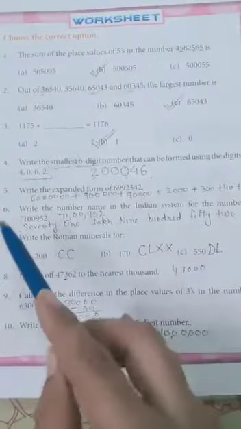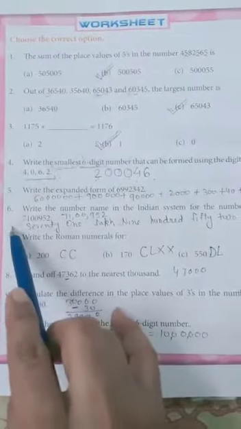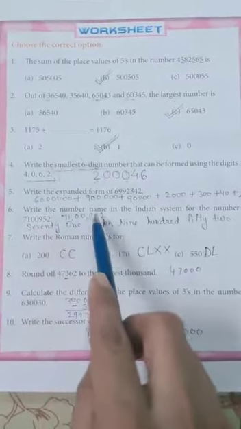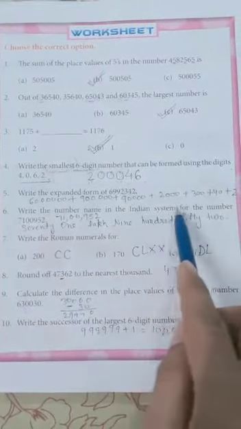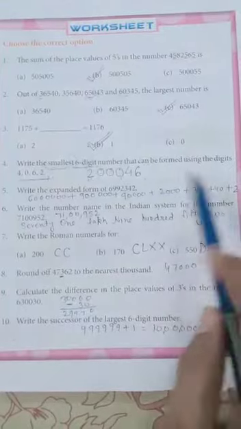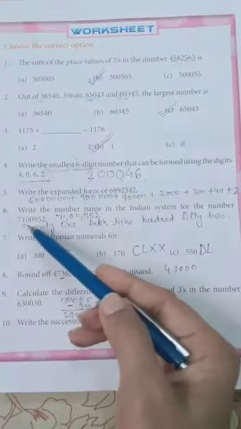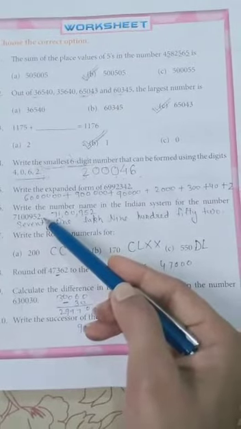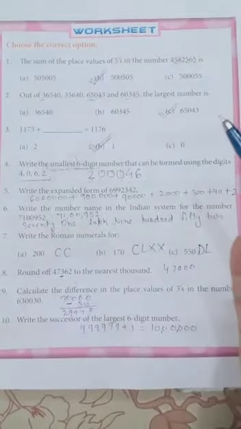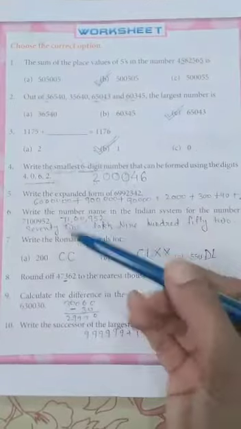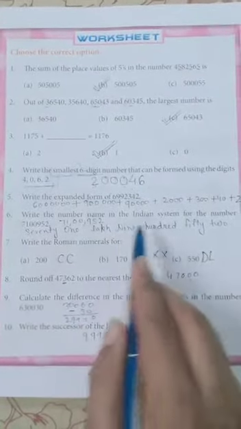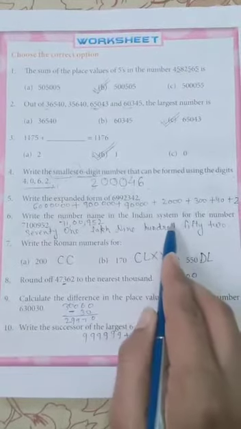Okay, now we will come to the question number 6. I read it, write the number name in the Indian system for the number 71,952. So recall students what I have told you. I told you that first we have to put the commas according to the given number system.